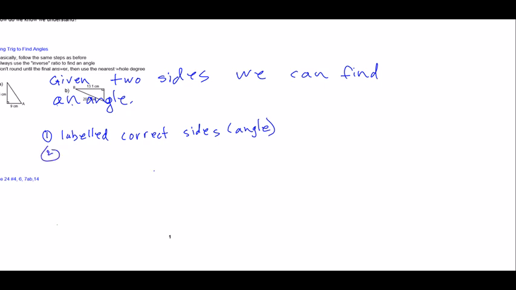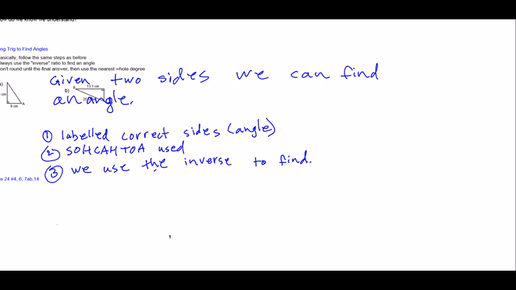Two, we use SOHCAHTOA to determine those sides. And then for three, we use the inverse to find the angle. That's all you need to know.